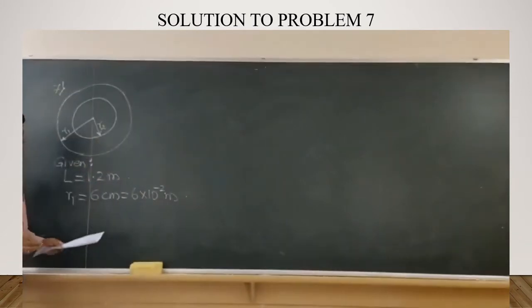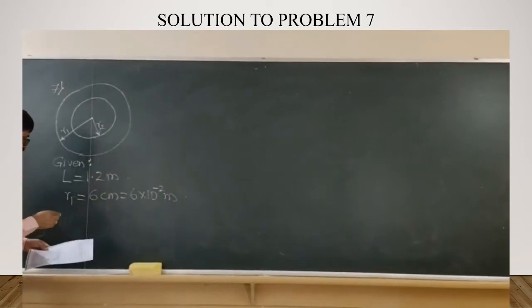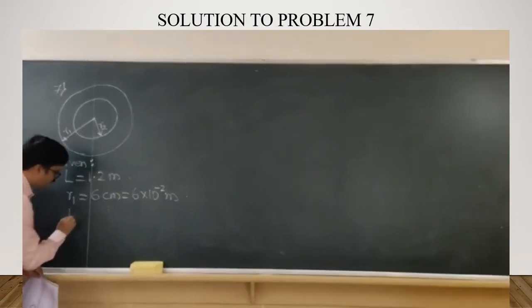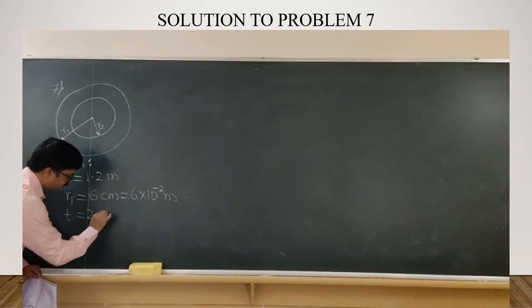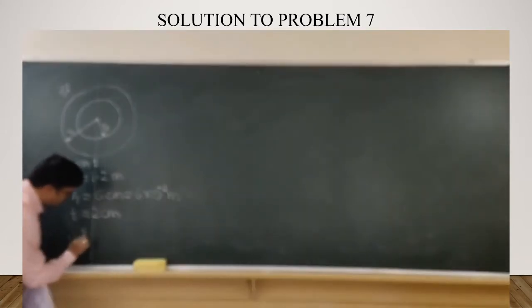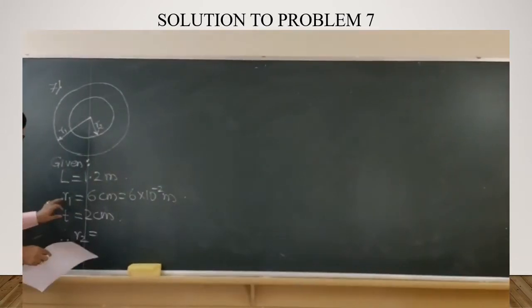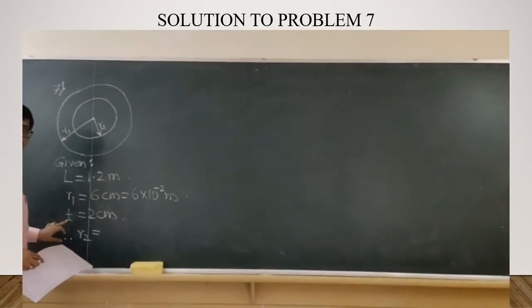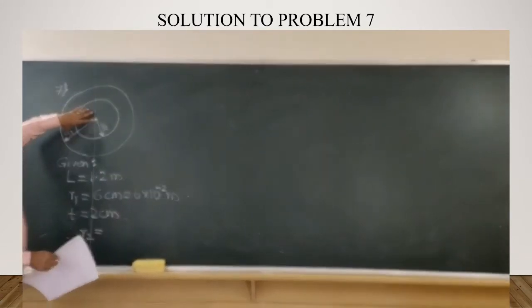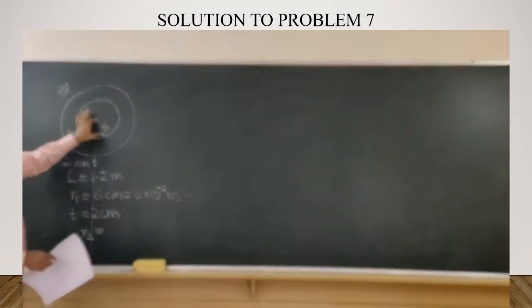Then thickness is given as 2 centimeter. So, since thickness T is 2 centimeter, therefore the internal radius R2 is equal to what? R2 is nothing but R1 minus thickness, right? Because this is R1, and if I subtract this thickness from it, I get R2.